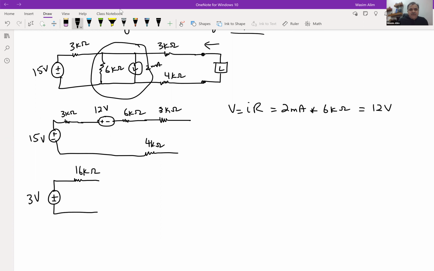In fact, actually, you know what? The issue with that is that we're looking at it from an open circuit point of view.